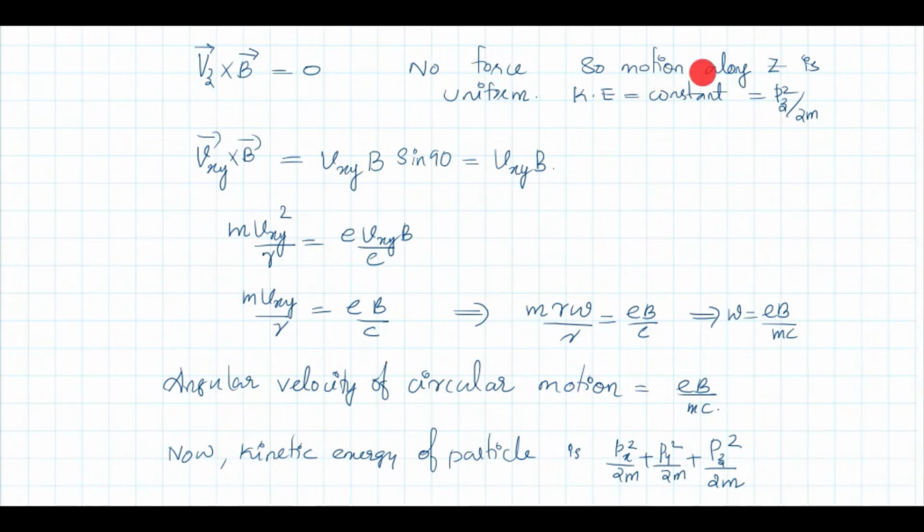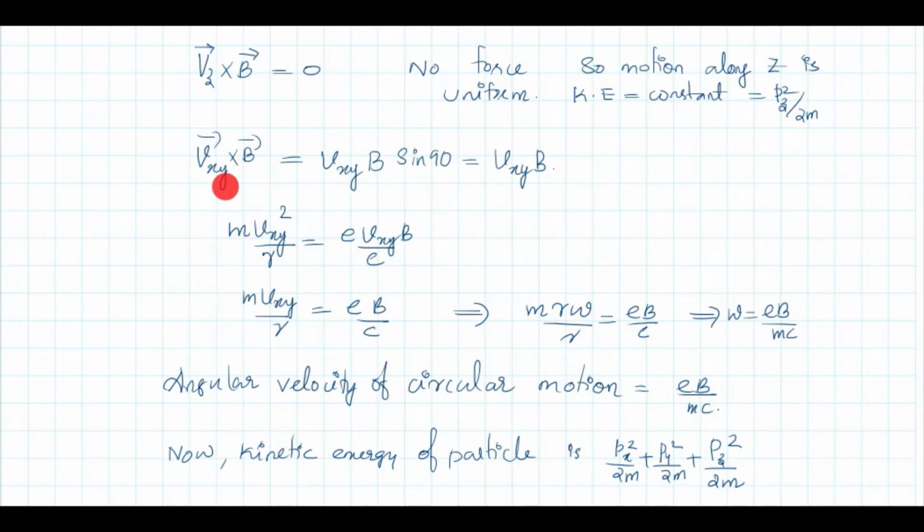Lorentz force 0 means there will not be any force, that is, it is a uniform motion along the z direction. So kinetic energy will be constant, it is pz square by 2m. So along the field direction, the particle will move with uniform velocity because there is no force in that direction.